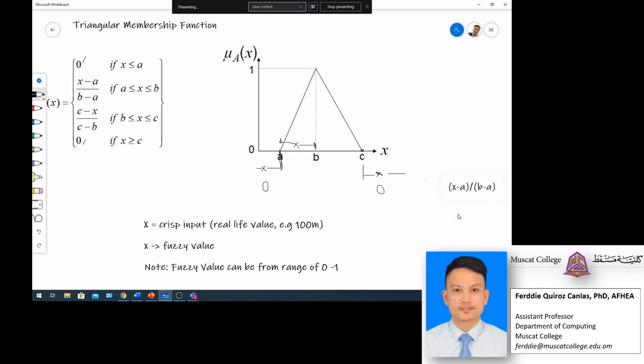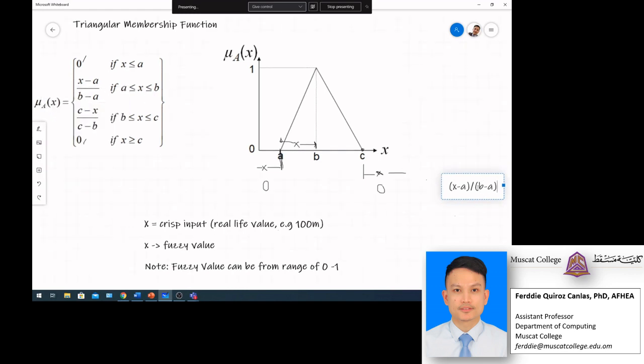So if it is here, Control Z. If it is here, I hope you can see my illustration here.